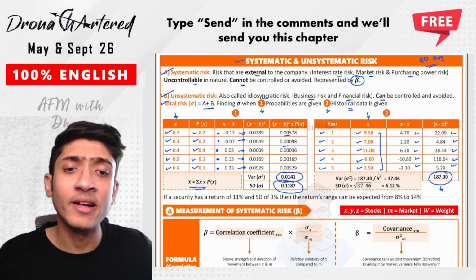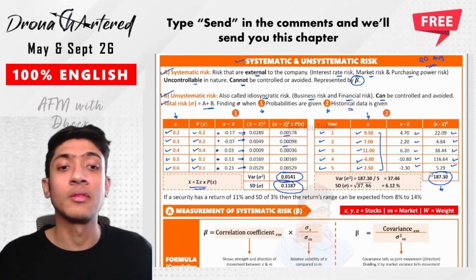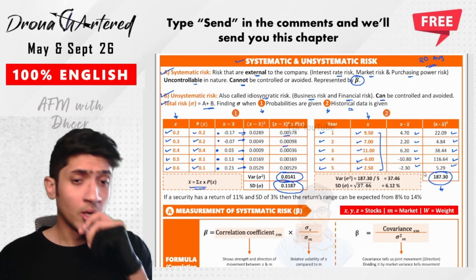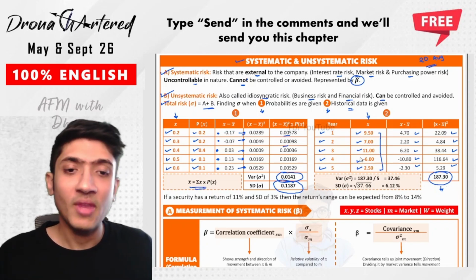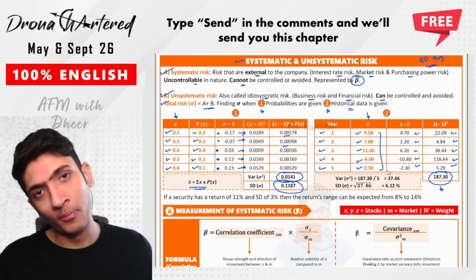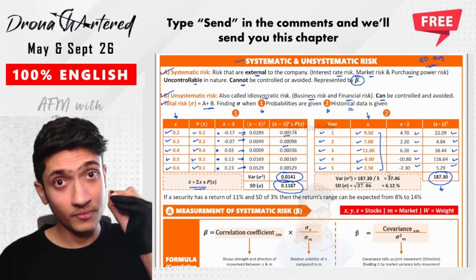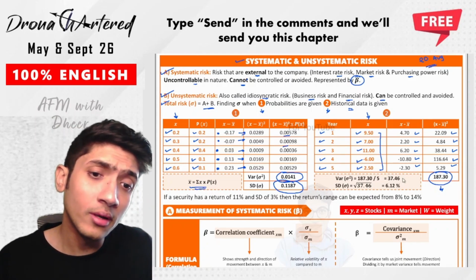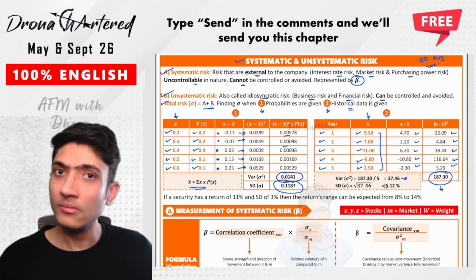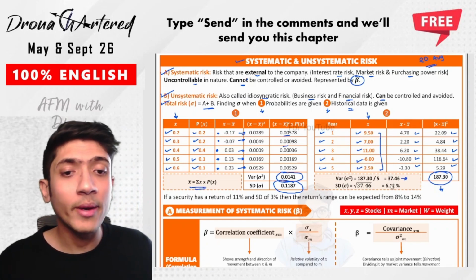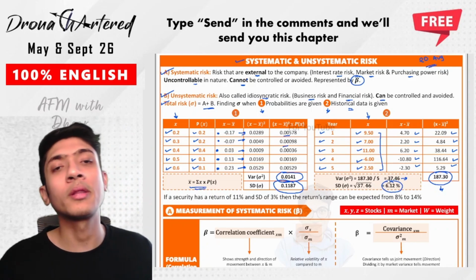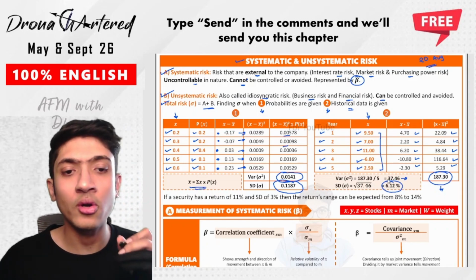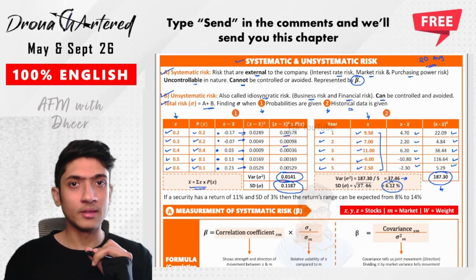Over here, we will divide it by the total number of years. So 187.30 divided by 5 and you get 37.46. This 37.46 is your variance. Again, same thing. We will square root it and we will get 6.12 percentage. So that is your standard deviation of 6.12% in this method.